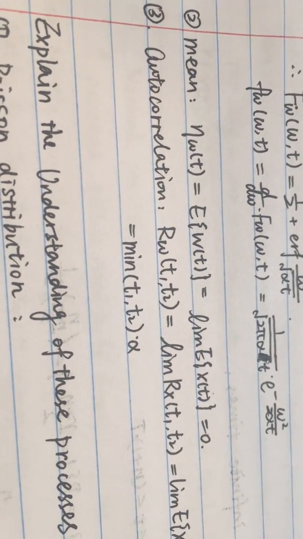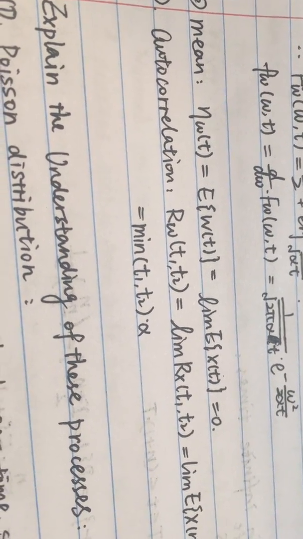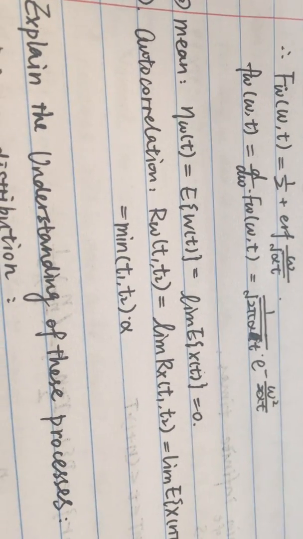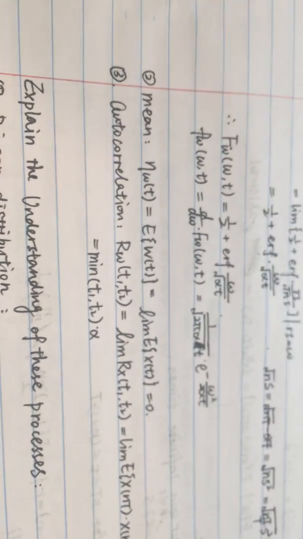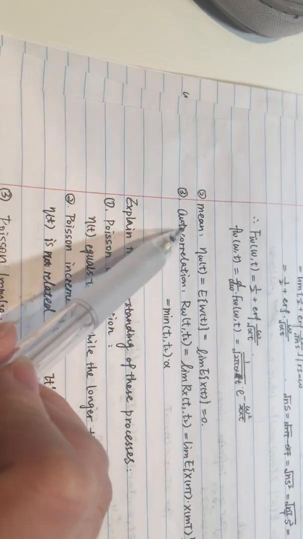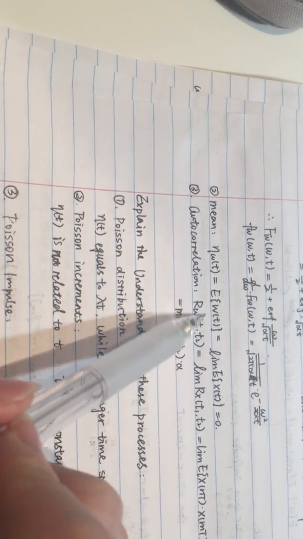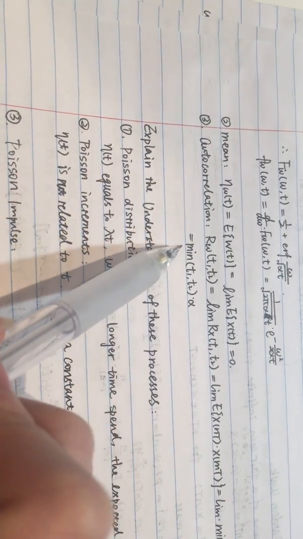The probability density function goes like this. The mean value is 0. The autocorrelation is this.